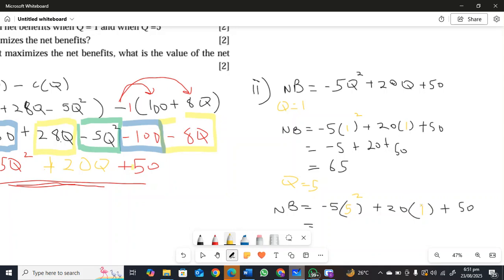Okay, I need someone with a calculator. 25 times negative 5. Here we have 100. 20 times 5 is 100, plus 50. 25 times negative 5.